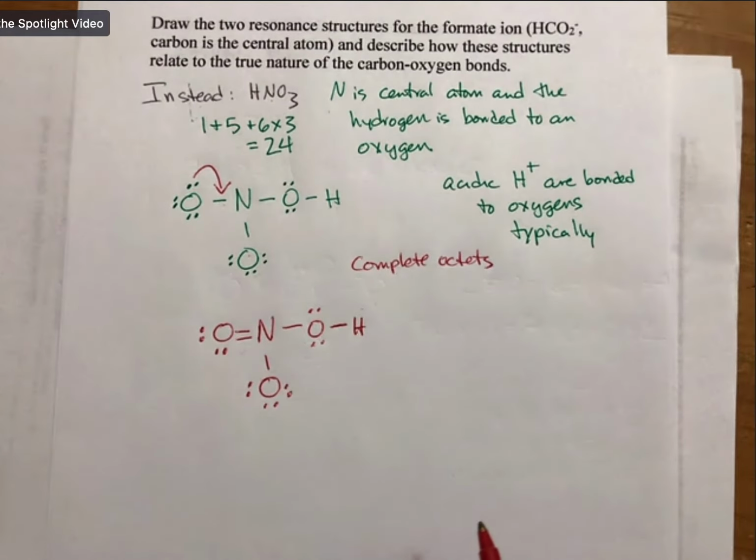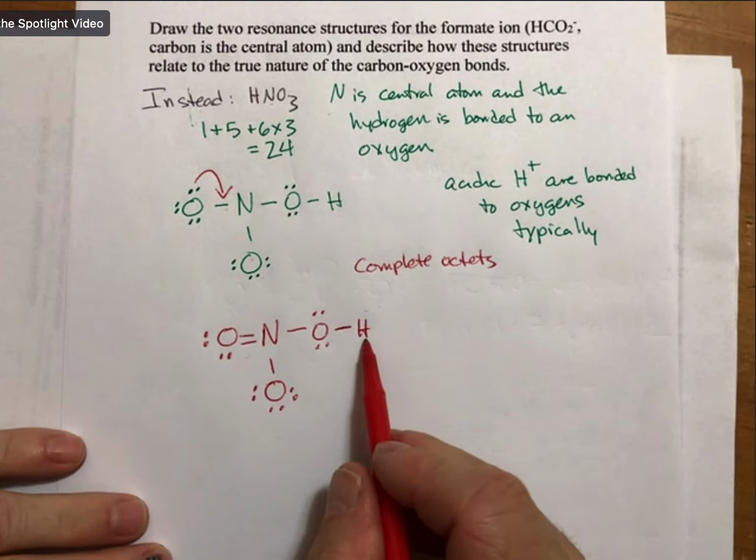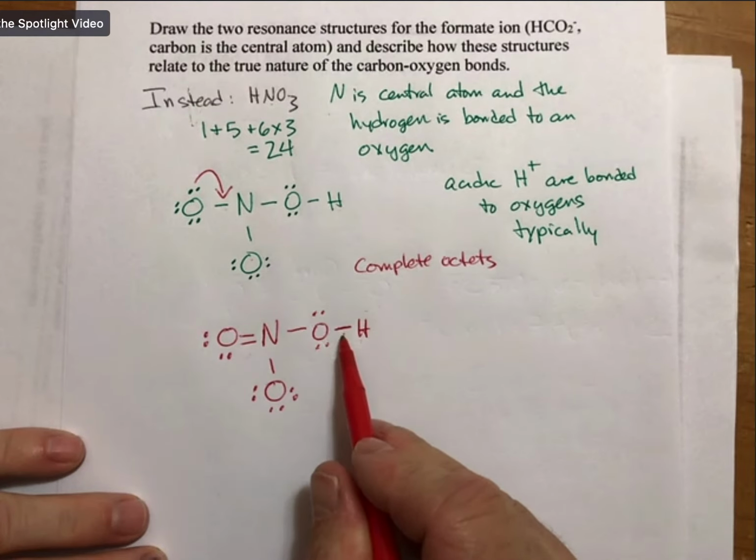And then hydrogen. Its version of the octet rule is that it wants to have 2 electrons, which is the same number of electrons as helium.